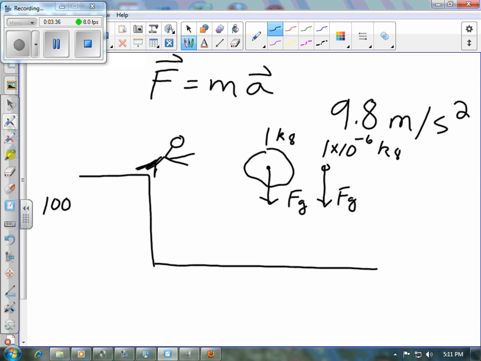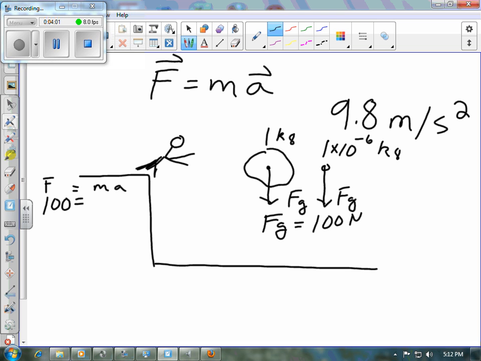So we've got 100 newtons. So Fg in this drawing, if we're saying that the force of gravity was the same on everything, let's just say it's 100 newtons. So F equals ma.